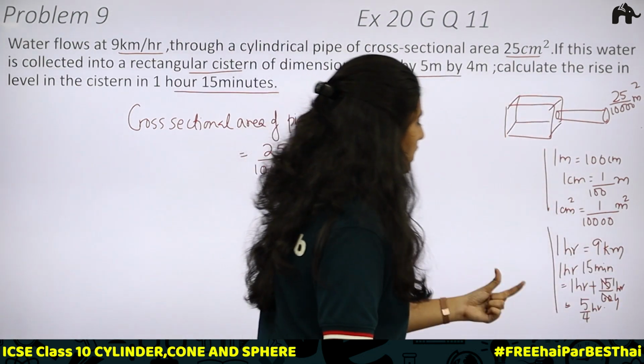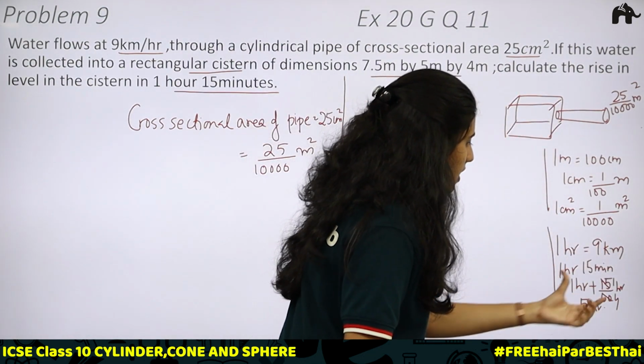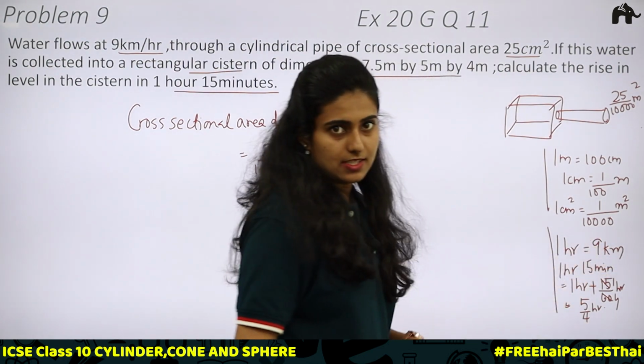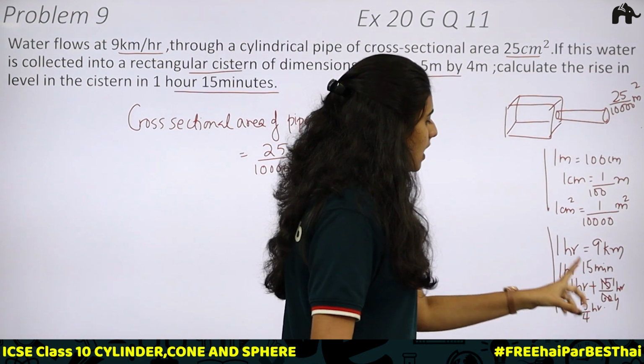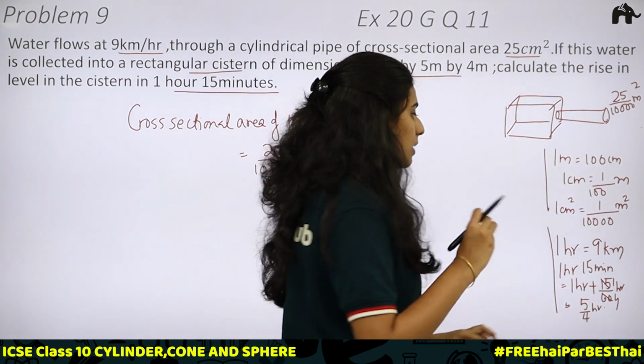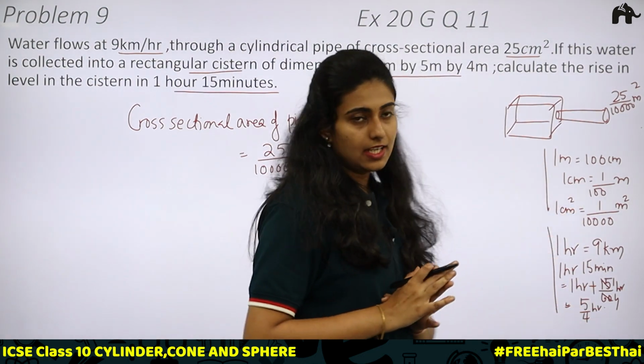We need to find the distance in 5 by 4 hours. If it is 9 km in 1 hour, in 5 by 4 hours it will be 5 by 4 into 9 km.